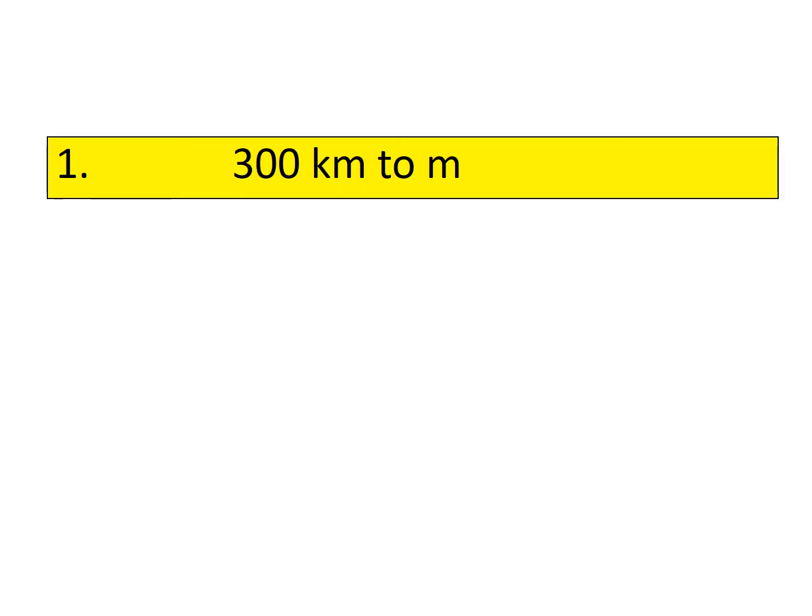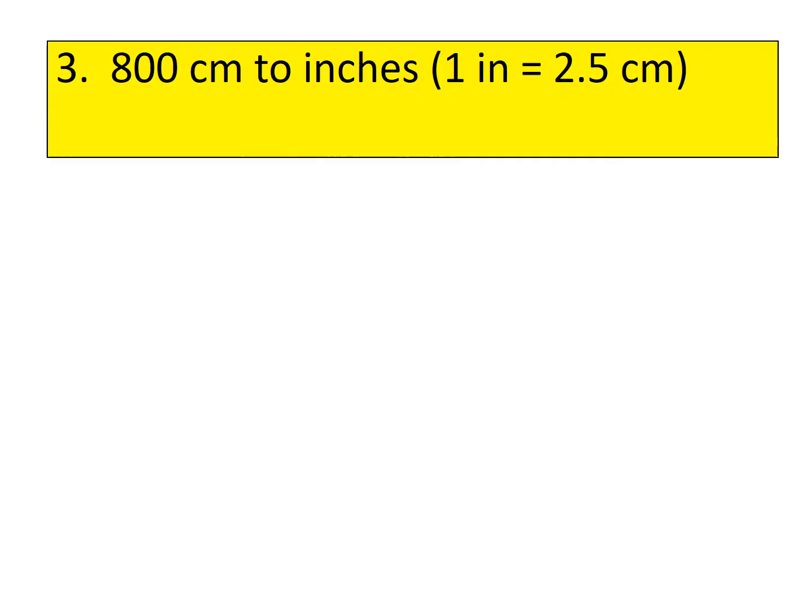Okay, these are going to be 5 problems that you are going to turn in class once you finish the notes. You're going to show all your work, making sure you cancel the units out. So the first one is 300 kilometers to meters. The second one is 400 kilometers to a meter.